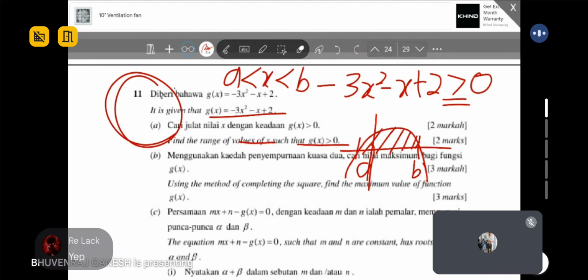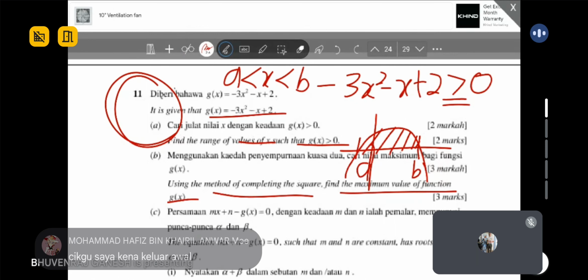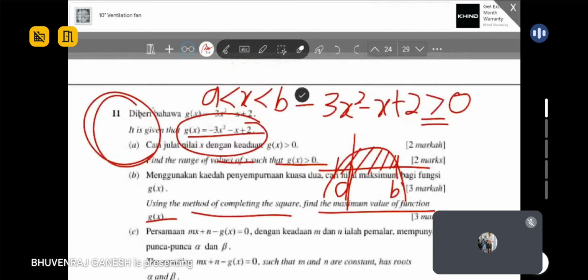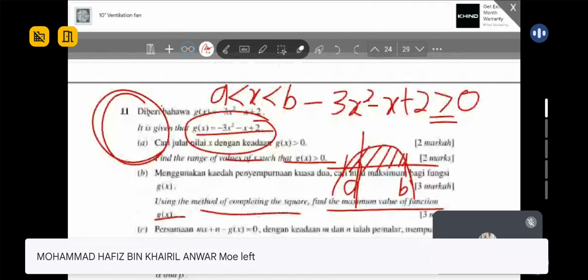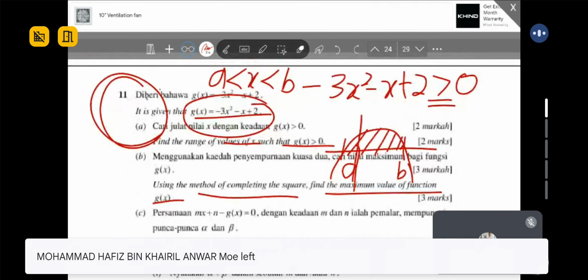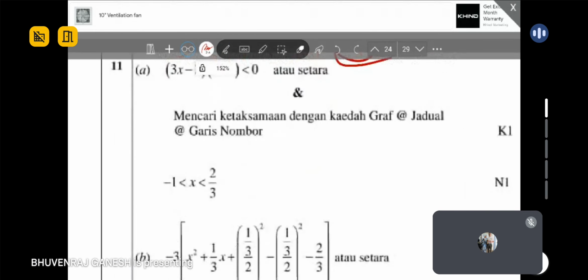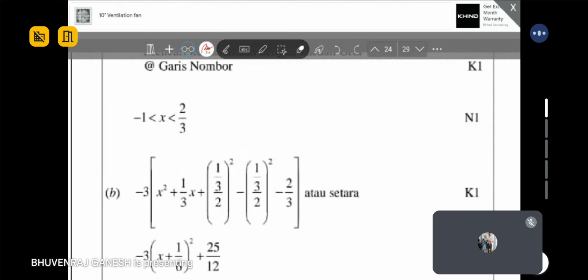Okay, so now 11B. So 11B, they ask you to use completing the square. Okay, boleh, jangan risau. Okay, so mereka nak guna kaedah penyempurnaan kuasa 2. Okay, so basically, you guys must change this to vertex form. Am I right? Kamu kena tukar ke bentuk vertex. So guys, how to do CTS? Okay, so basically CTS is you must make your A value equal to 1.